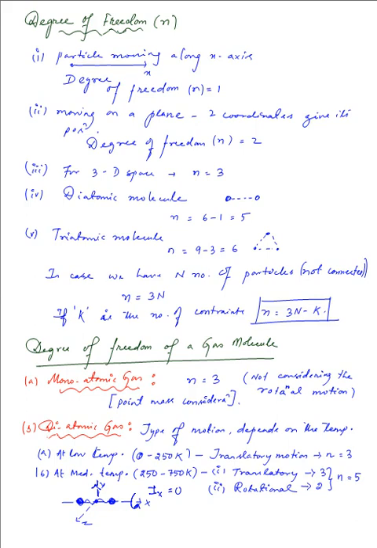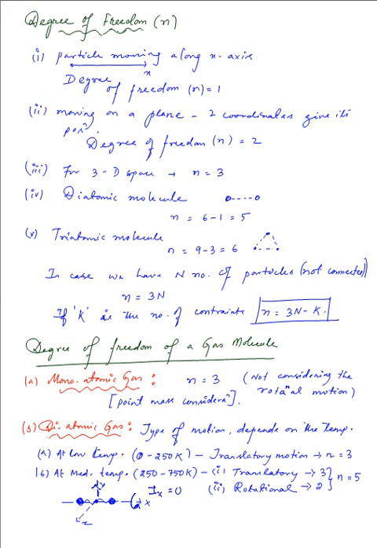There won't be any exchange of energy due to the rotation about the x-axis, so that is not taken into account, and we have the degree of freedom devoid of the x-axis rotation, and therefore it is equal to 5.